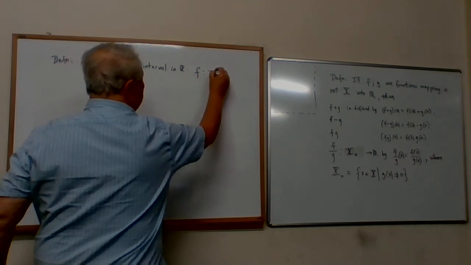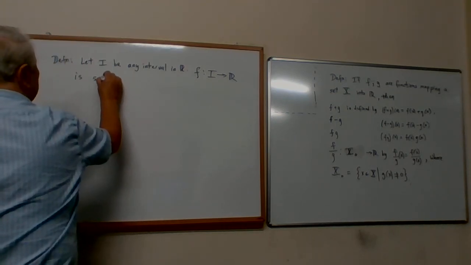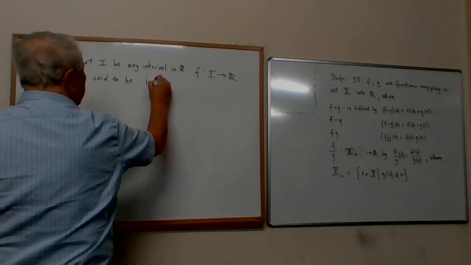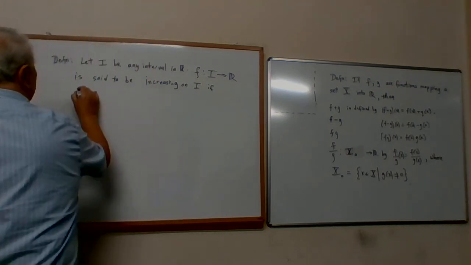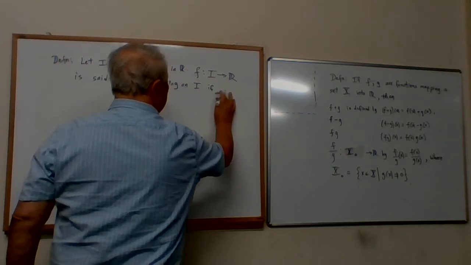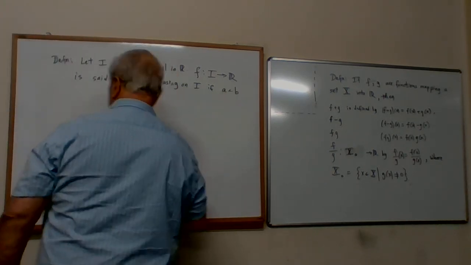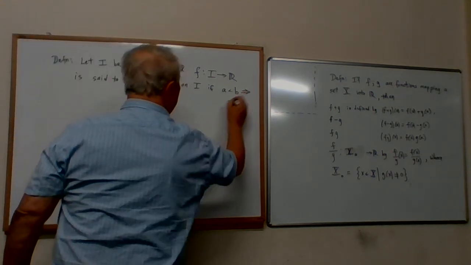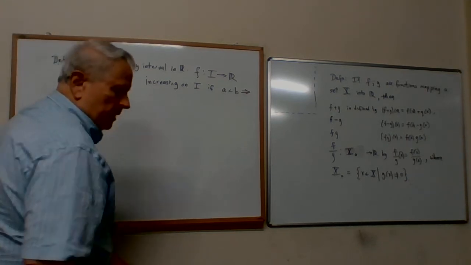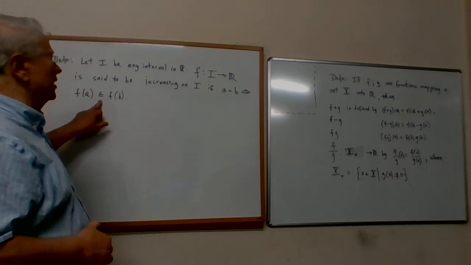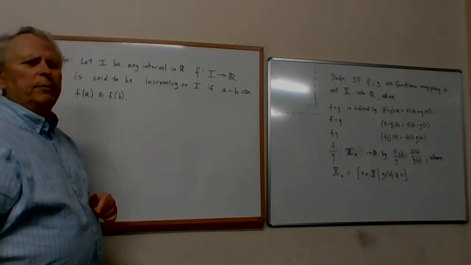And f is going to map I into R. And that function is said to be increasing on I if A less than B implies f of A is less than or equal to f of B. Now, you may have seen this definition with a less than sign, in which case you talked about a function being increasing and then non-decreasing, which for some people is a confusing terminology.